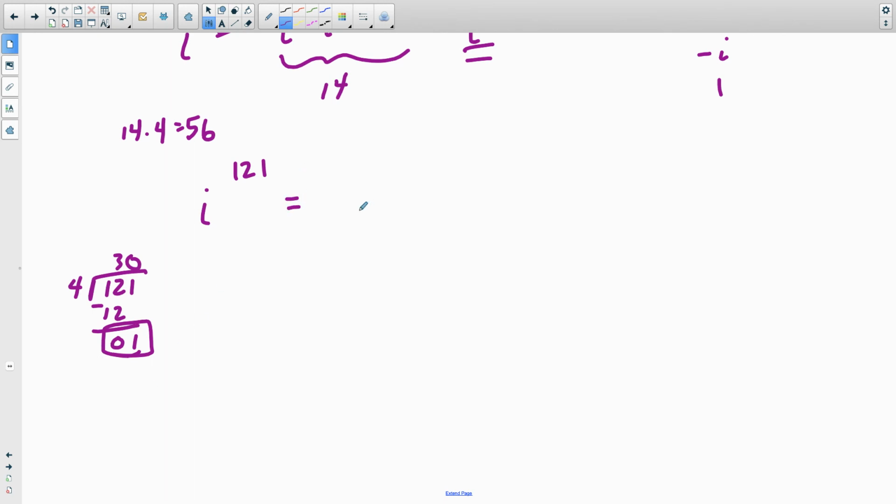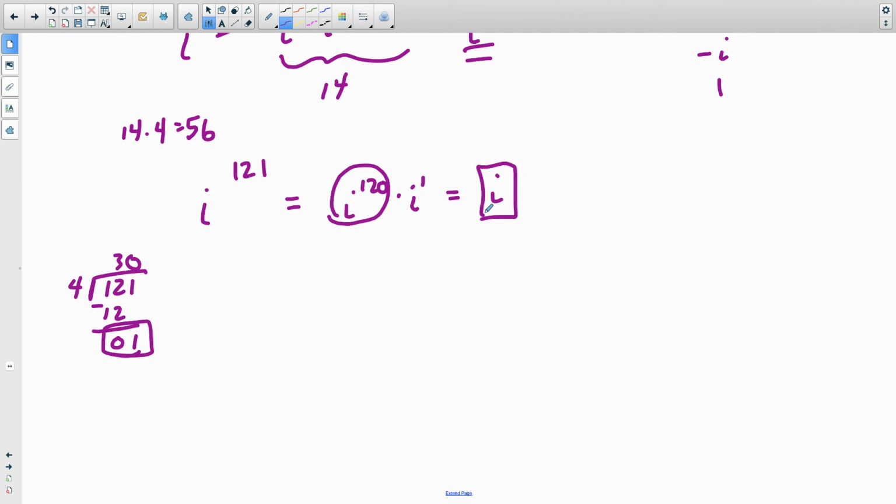So in other words, this is i to the 120th power, my fault. And then we have one more, because this is packed full of i to the fourths, which are all 1. So we're multiplying times 1 times 1 times 1 times 1, and we end up with just this.